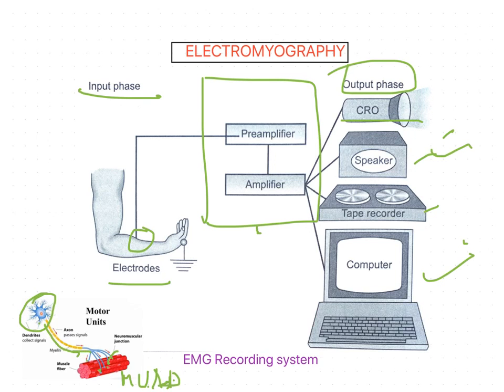Electrodes may be of different types, but for EMG purposes, single motor unit potentials can be recorded from different parts of the muscle, whether needle electrodes or other types of electrodes are used.